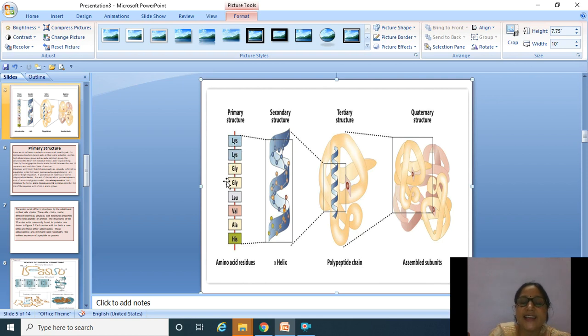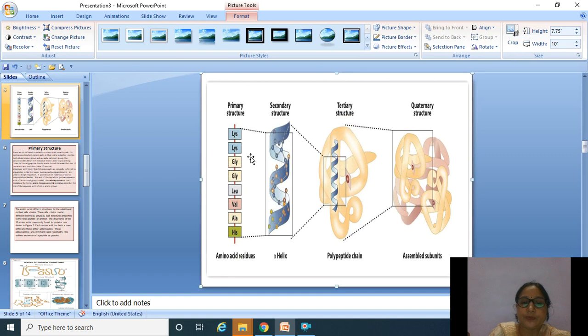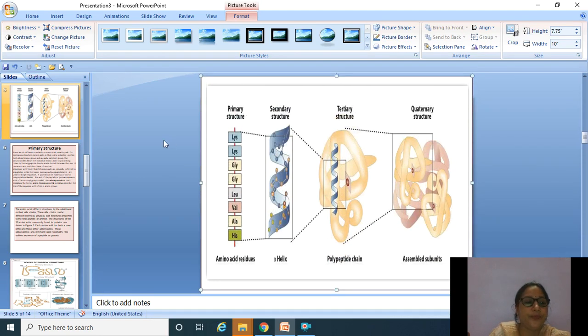This is glycine, this is glycine, this is leucine, this is valine, this is alanine, and this is histidine. Similarly, all other amino acids are written as their first three letters in abbreviated form. These are also called amino acid residues, and this results in the primary structure of the protein.